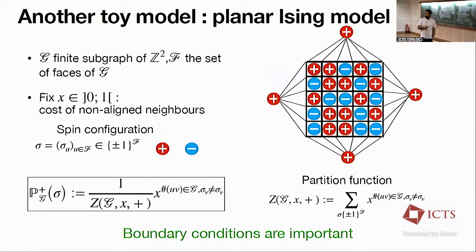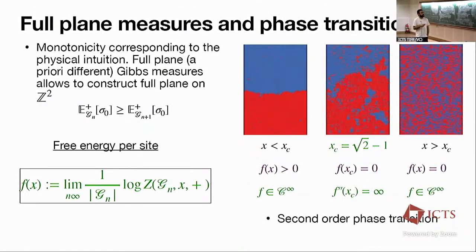It's a bit more complicated to define the measure in the full plane, but the physics helps you a lot. If you look at the magnetization of one given spin and push the plus boundary condition further and further away, you decrease your magnetization. So you have a natural monotonicity, so you have a natural way to construct a full plane measure.